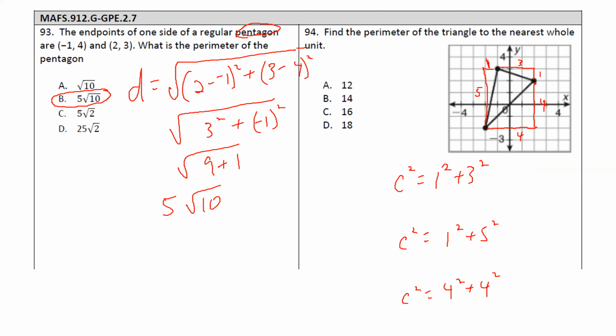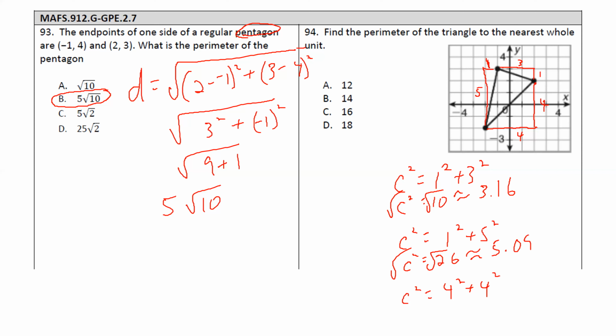So for the first one, 1 squared plus 3 squared is 10. You square root both sides, so you get square root of 10, which is approximately 3.16. And for the next one, 1 squared plus 5 squared, that's 26. Again, square root both sides, you get approximately 5.09.